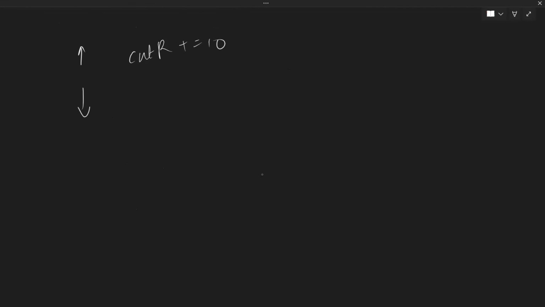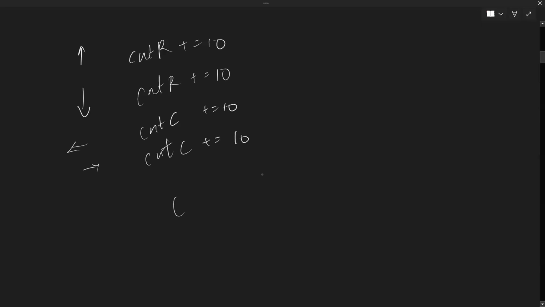If you can go down, increase your count of rows again by 10, because 10 up, 10 down. If you can go left, increase your count of columns by 10, and if you can go right, increase it again by 10. Finally, your answer is simply the count of rows you can visit multiplied by the count of columns. Is it clear?